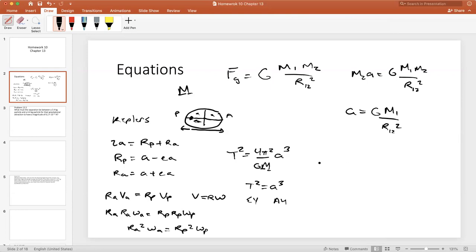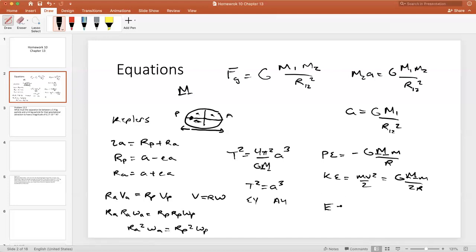The last thing we need to talk about is energy. Potential energy, similar to mgh, is minus G, whatever you're rotating around, times your mass divided by the distance between them. The kinetic energy is mv squared over 2, which is equal to G times whatever you're rotating around times your mass divided by 2R.